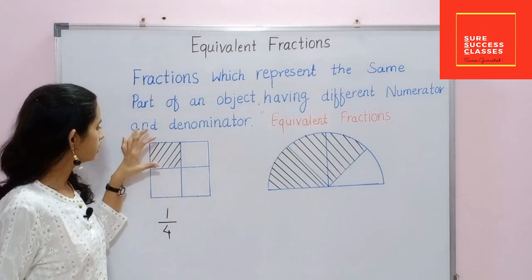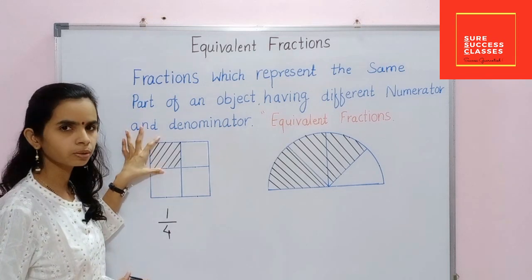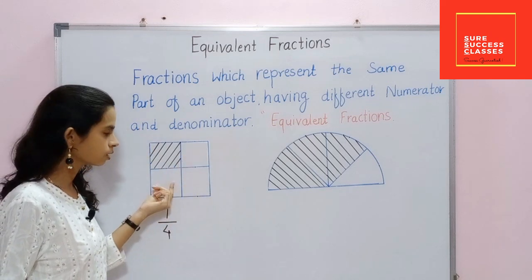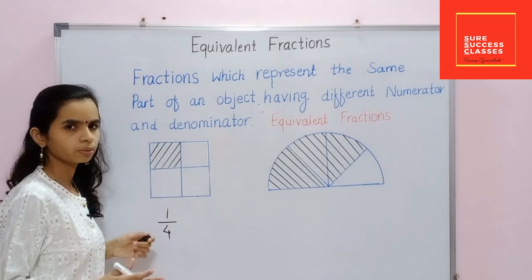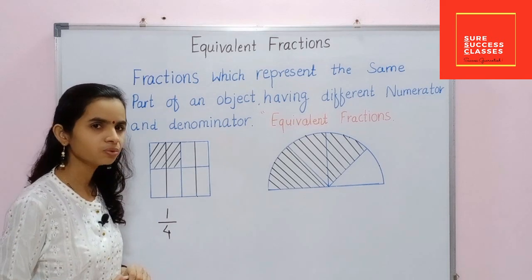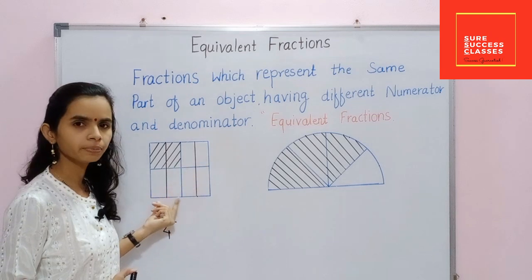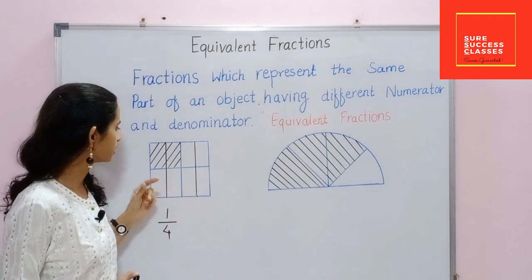If I divide this square into 2 equal parts, then I have to divide these squares also into 2 equal parts. Now we have divided this square and all remaining squares into 2 equal parts.